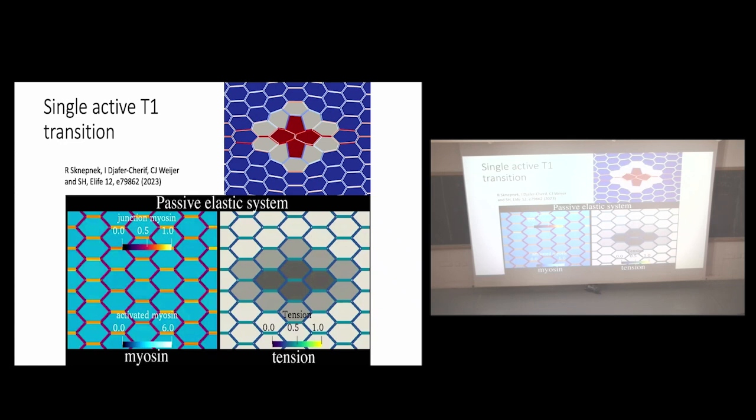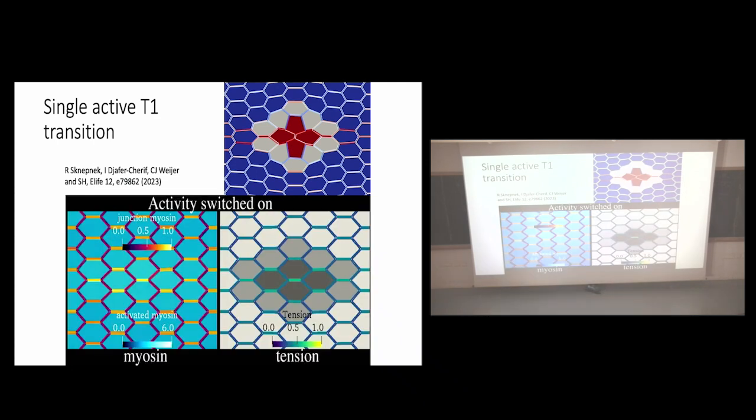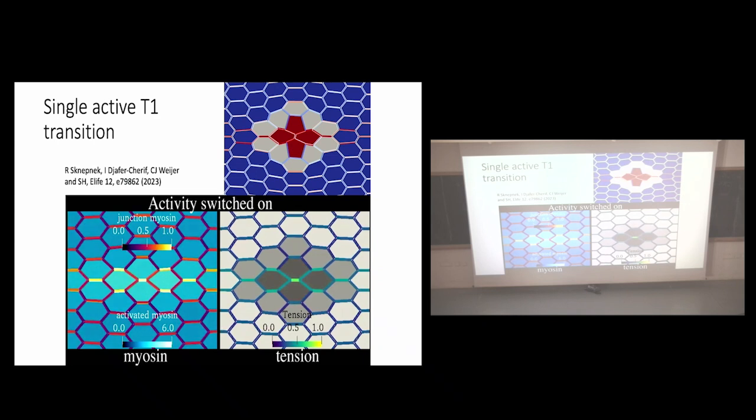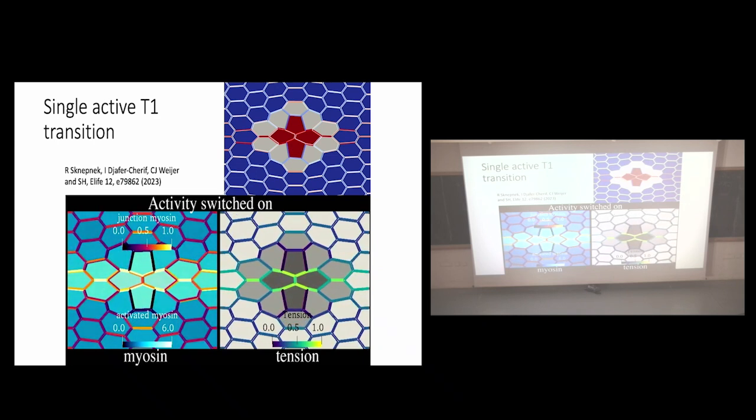I have actomyosin concentrated on these junctions and tension as well. Then I make this thing active and let it evolve. And I will eventually be able to rearrange backwards. So it pulls back against the applied stress and rearranges against the stress applied to it.